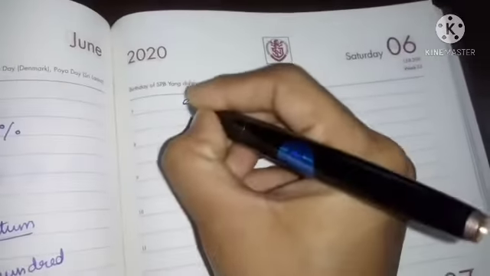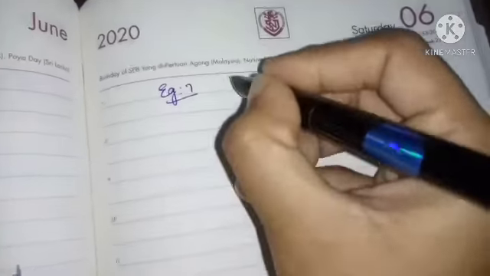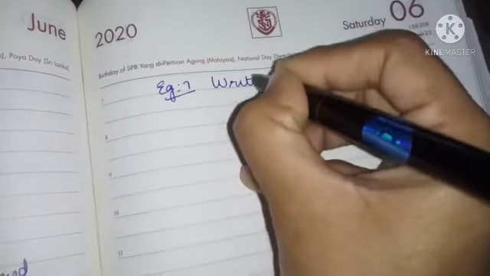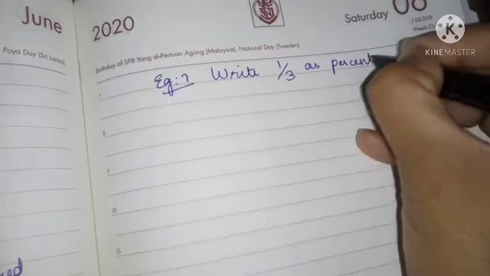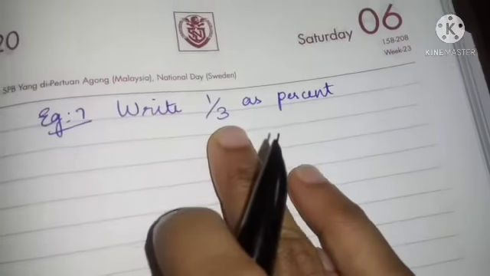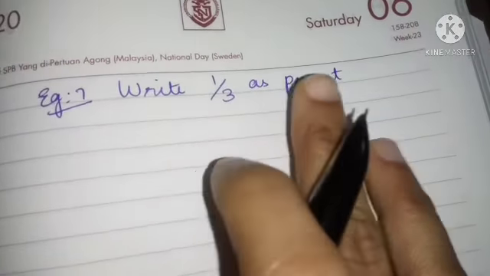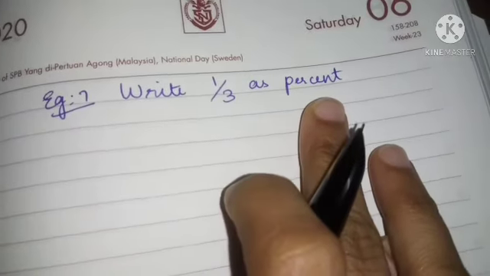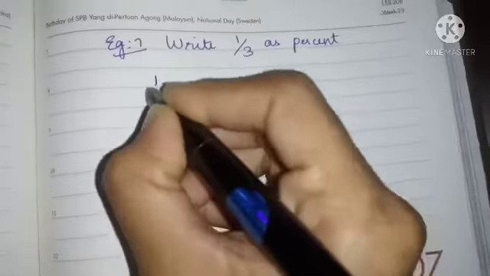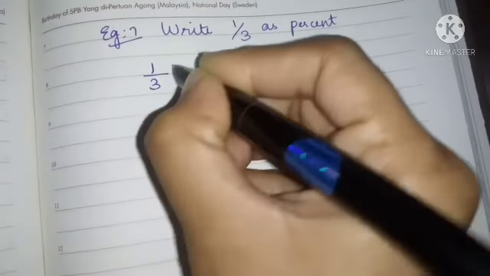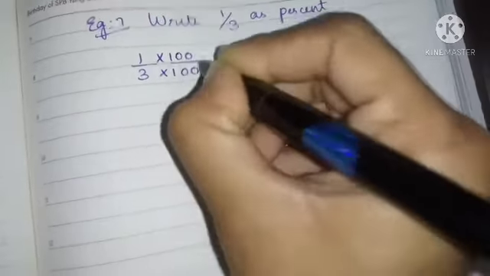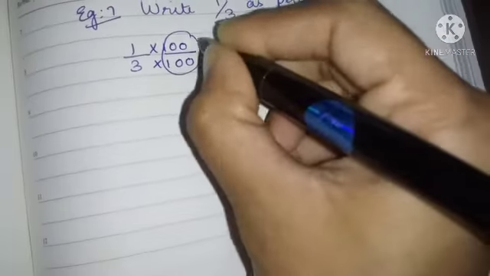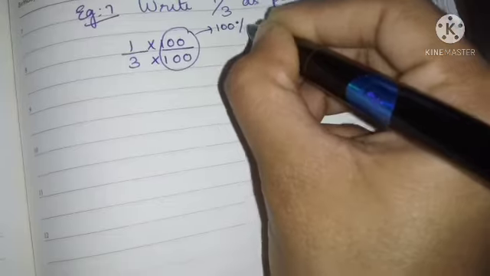Example number 7. Write 1 by 3 as percent. So 1 by 3 is a fraction, and we should write the fraction as a percentage. So what I am doing is multiplying and dividing by 100. If I multiply and divide by 100, it means 100%.